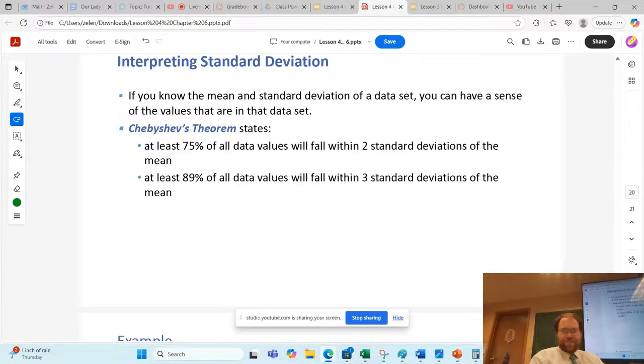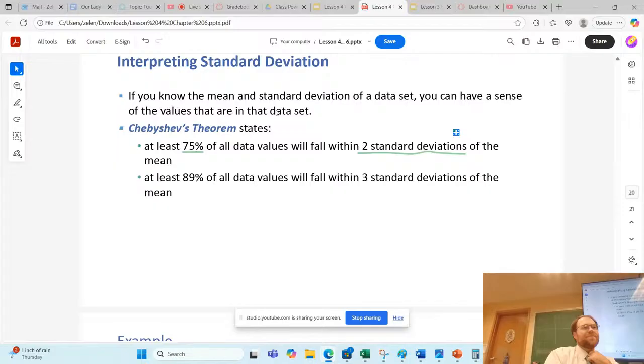So for everything dealing with Chebyshev, if it says 75%, that's going to mean 2 standard deviations. Or if you see 89%, that's going to be 3.